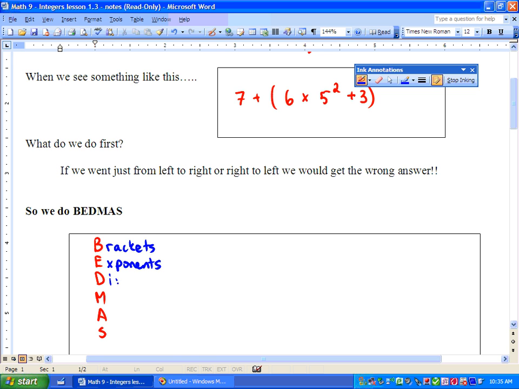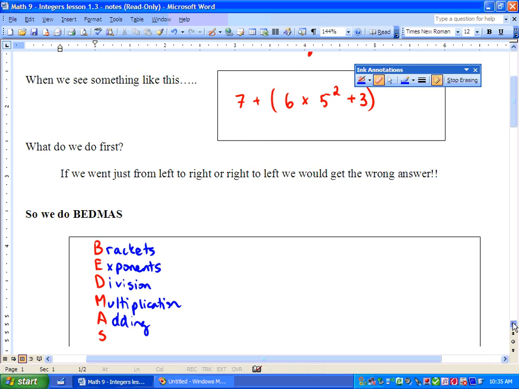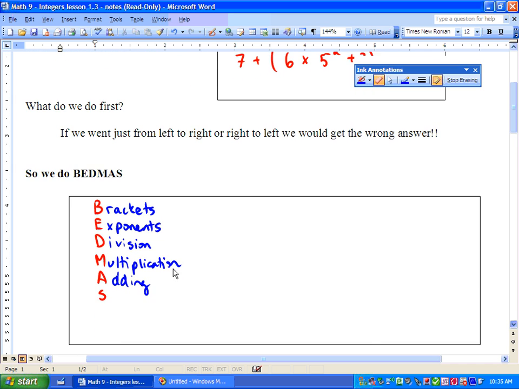And then we've got division, and then multiplication. And finally, adding and subtracting.